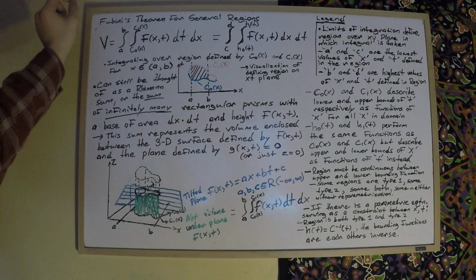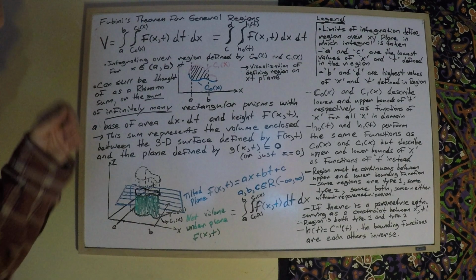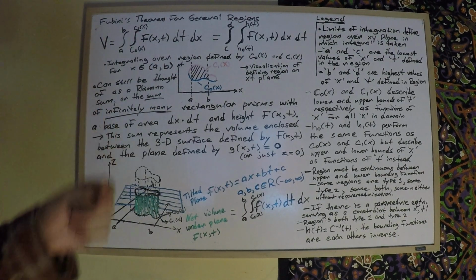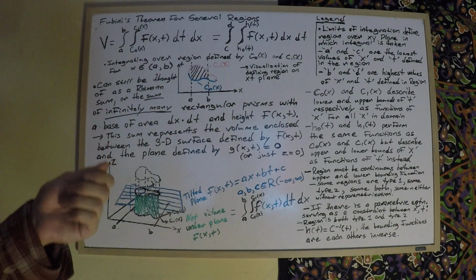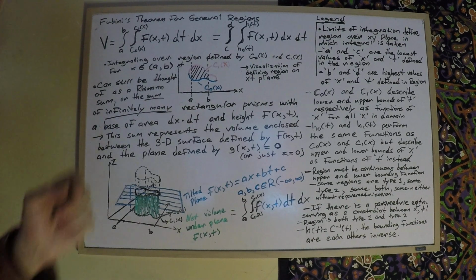So taking a double integral can still be thought of as a Riemann sum. It's the three-dimensional case, whereas the two-dimensional case would be the sum of infinitely many rectangles of base width dx and height f of x.